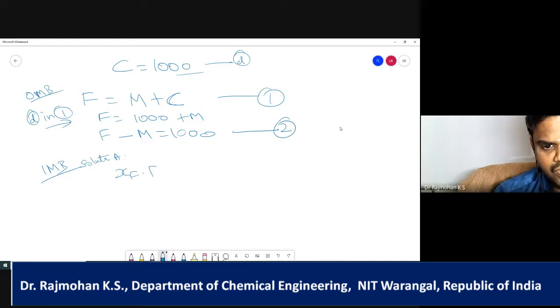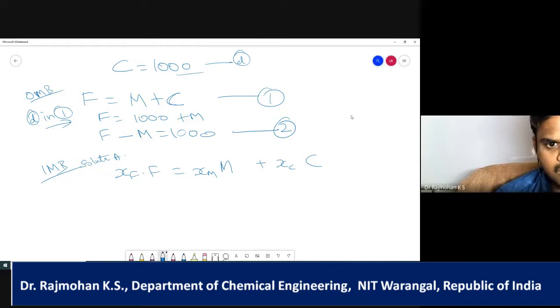XF into F is equal to XM into M plus XC into C. We have calculated the value of XF.